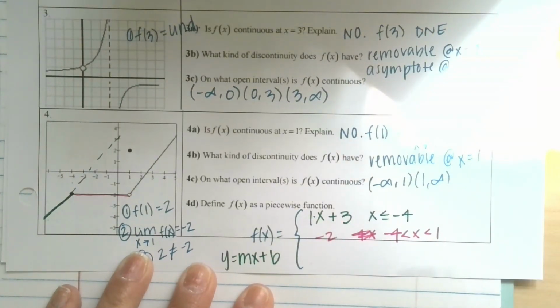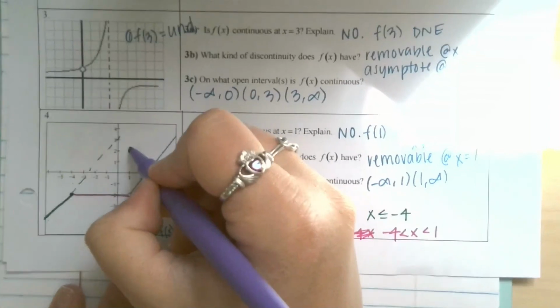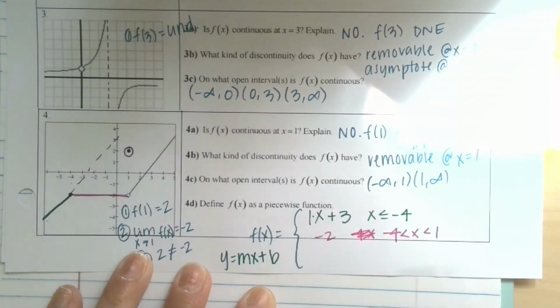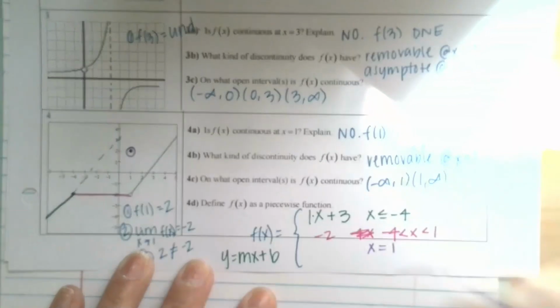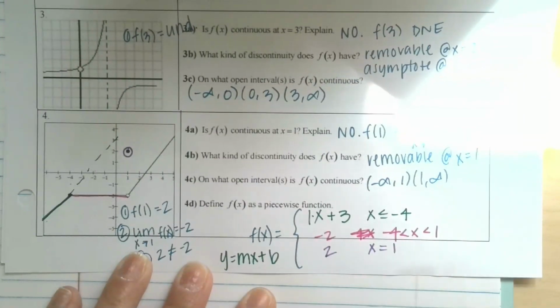Next step is we need to define this point. Okay, so when x equals 1, we know that our y value is 2. Okay. So then our last little bit is just going to be this piece up top.